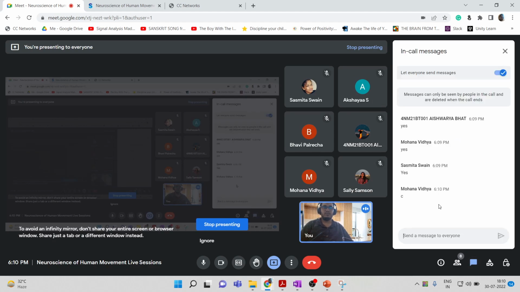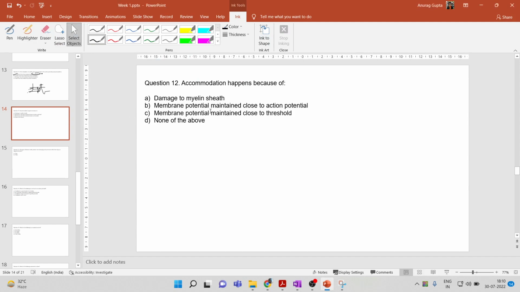C. Okay. Yeah, I think that is right. Membrane potential is maintained close to the threshold.